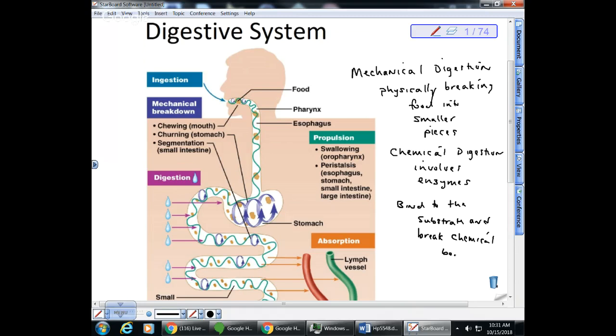The interesting thing about these enzymes is that they do not get used up. So they bind, they help with the chemical reaction, and then they unbind, and then they can go to the next substrate and bind again. So enzymes are really interesting molecules.